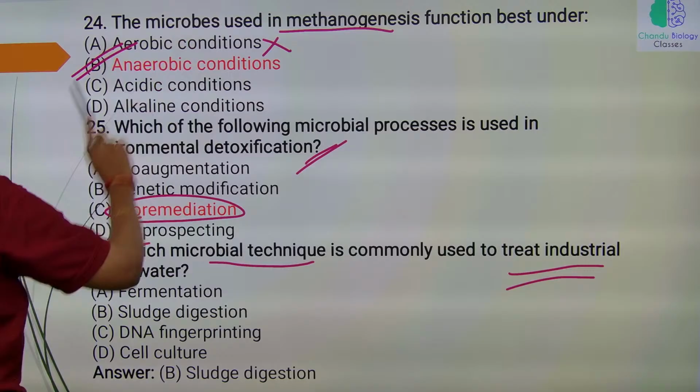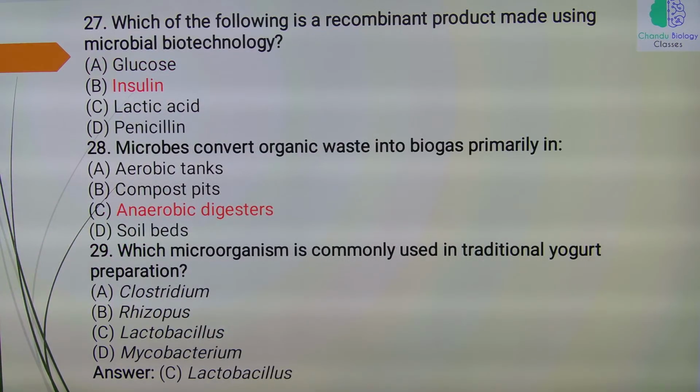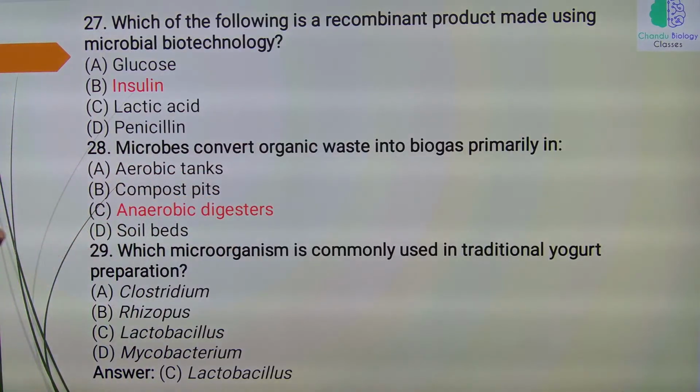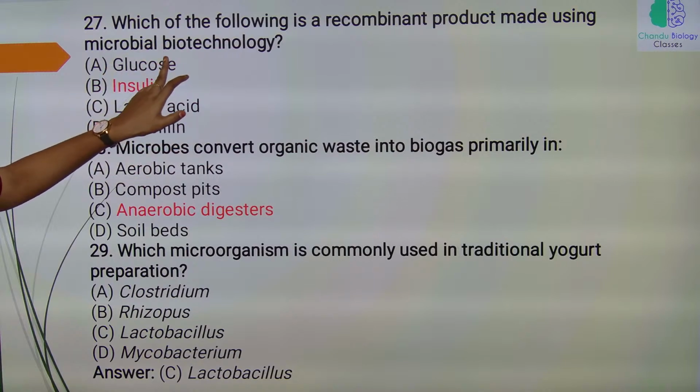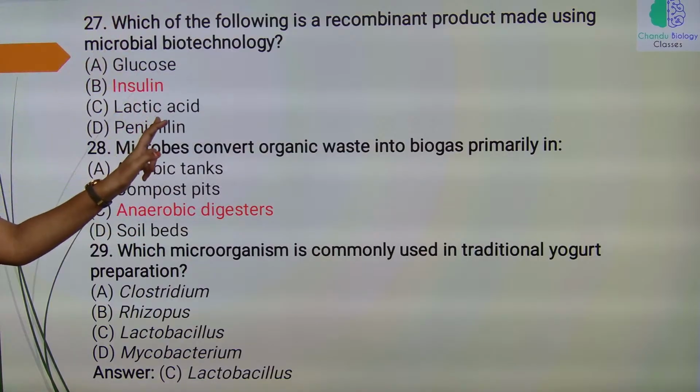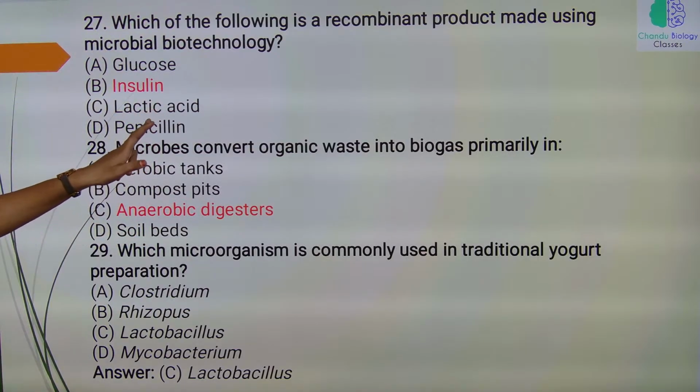And then, which of the following is a recombinant product made using microbial biotechnology? Amongst these examples: glucose, of course it is the primary metabolite; lactic acid, which is formed after the lactic acid fermentation; penicillin is an antibiotic.